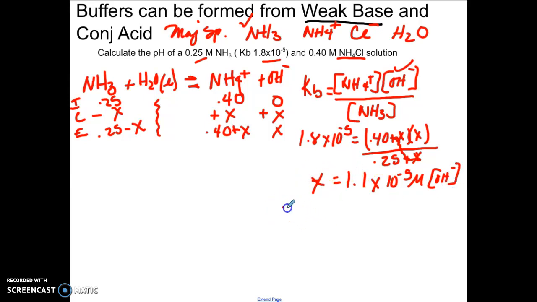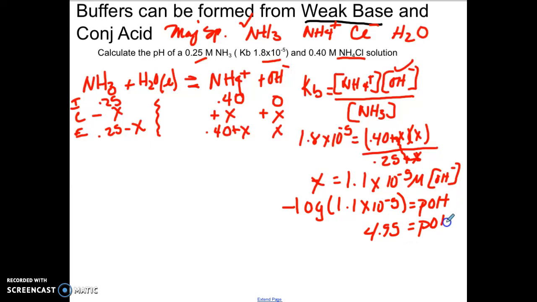So if we were to take the negative log of 1.1 times 10 to the negative 5, we're not going to get a pH, we're going to get a pOH. And here the pOH ends up being 4.95. And then to find the pH, we're going to take 14 minus 4.95, and you end up with a pH of 9.05.